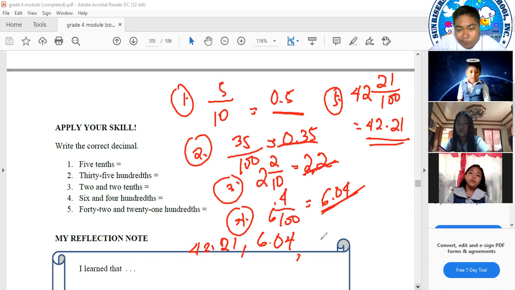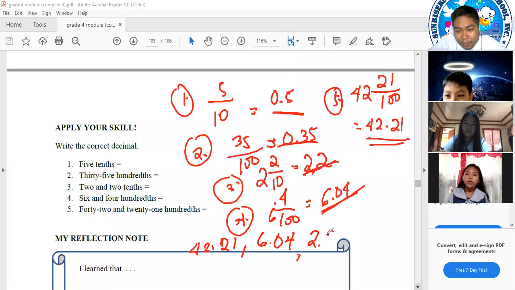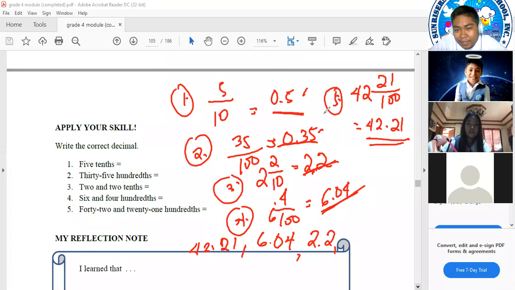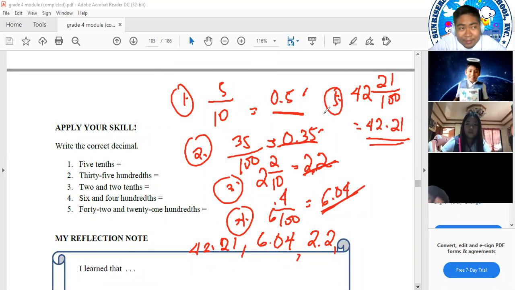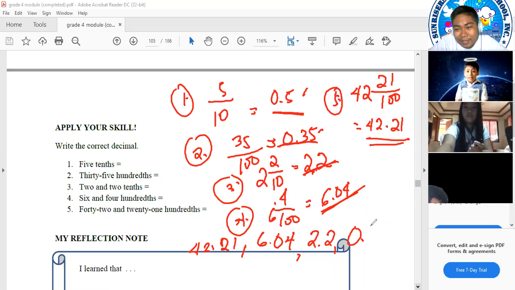What's next? 2.2, which is number 3. What's next? Is it 0.5 or 0.35? Which is bigger? 0.5.